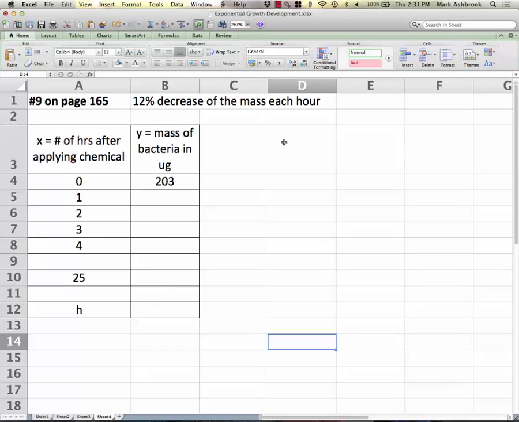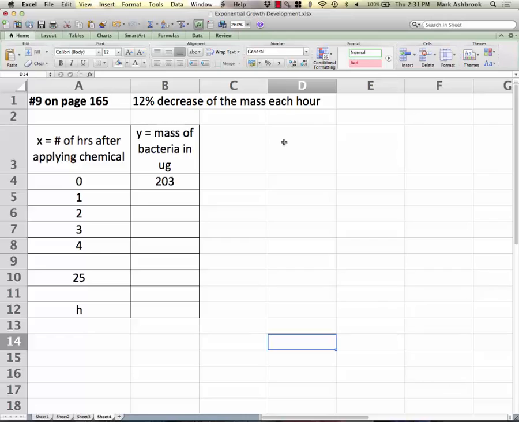Does it say that there's some mass and it's decreasing by 12% every hour? Good. All right, so is there a table or something about it here? We're going to use that setup, and now I want you to work out this table.